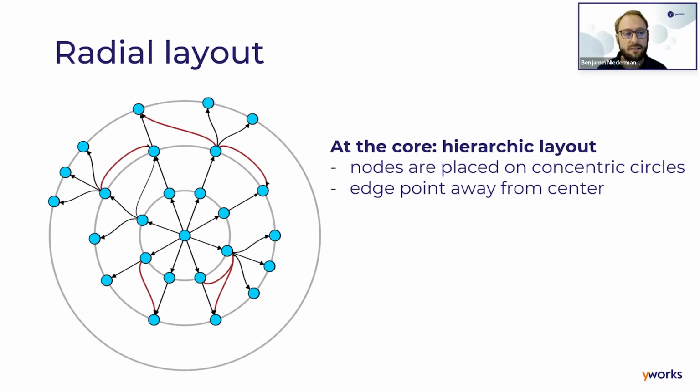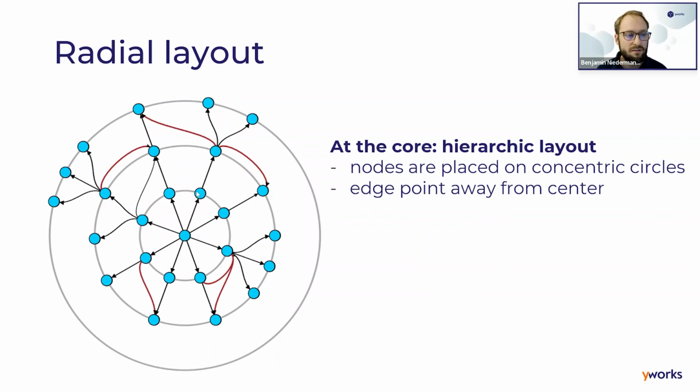In that case, the edges cannot only point away from the center, but there may also be edges that go along one concentric circle, so edges that connect nodes that belong to the same concentric circle, or there are some edges that point from one layer to another layer, but not in a radial fashion.